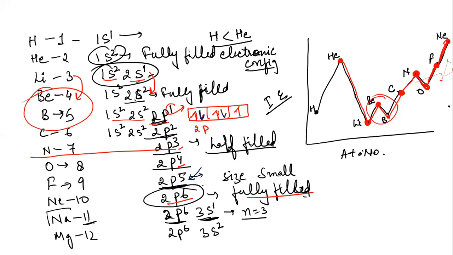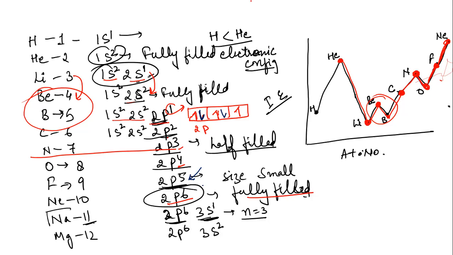Beryllium energy is more than that of boron. Why? Because beryllium is fully filled, and in case of boron, electron is added in one more subshell, which will decrease the force of attraction, and hence electron can be easily removed, and hence ionization energy is less.